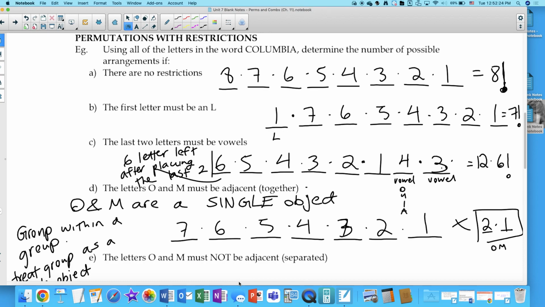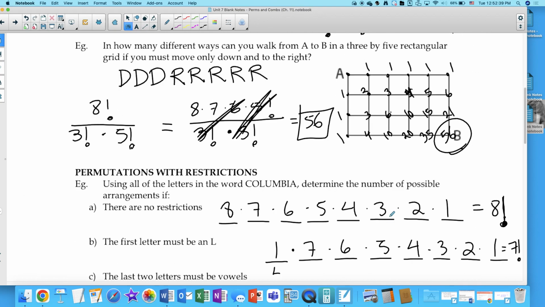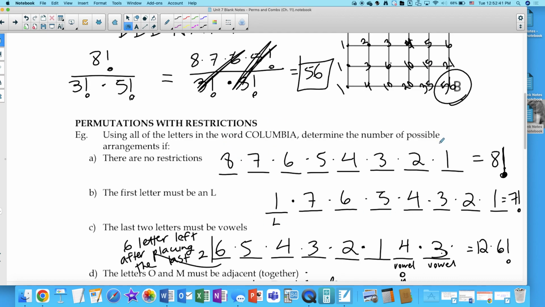This one is 10,080. Okay, what about A? How many was this one? 8 factorial, 40,320.